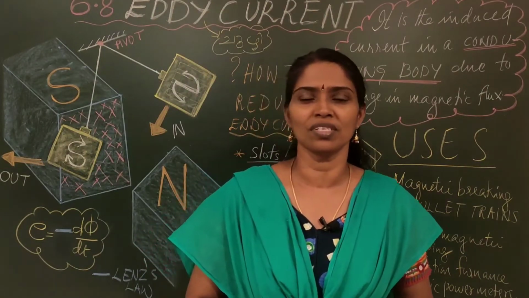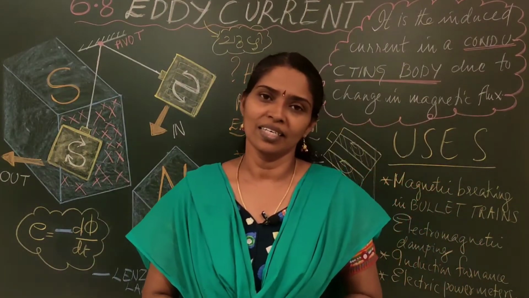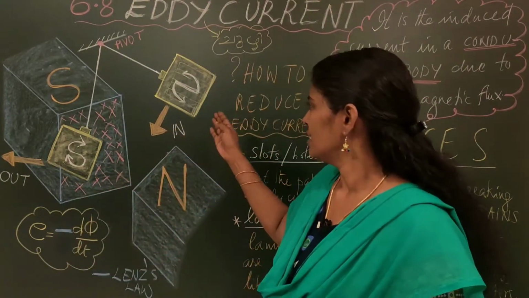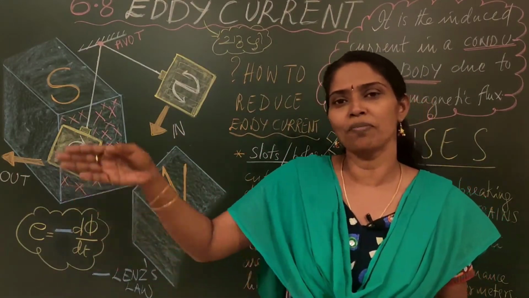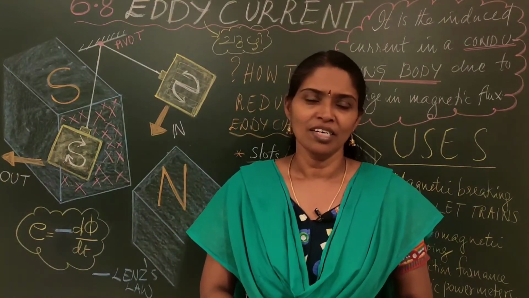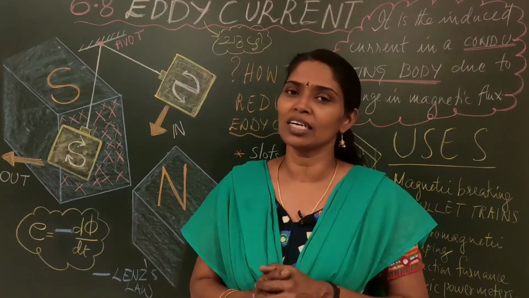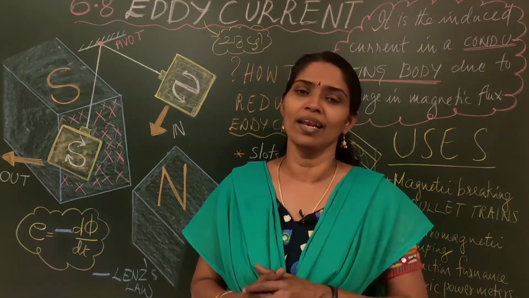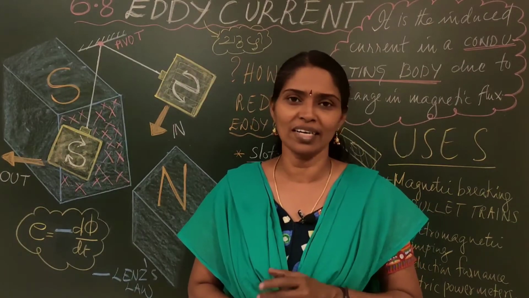So these are the few things which we have to discuss, and for that we need a small experiment, just swinging a simple pendulum, to and fro motion of a pendulum. That is a very familiar thing. What we know already is, if there is change in magnetic flux near a coil, there is induced current, and that is given by Faraday's second law.